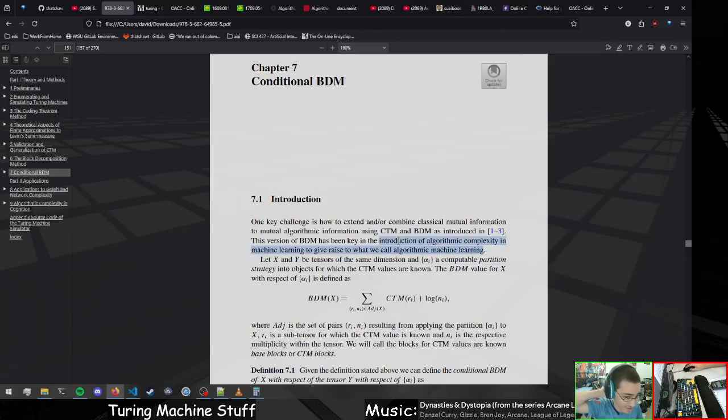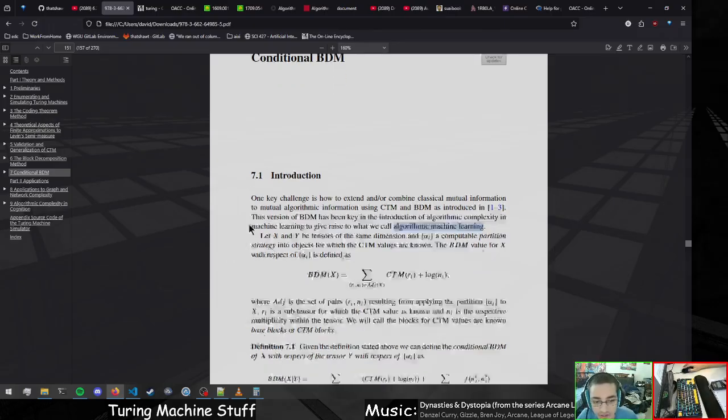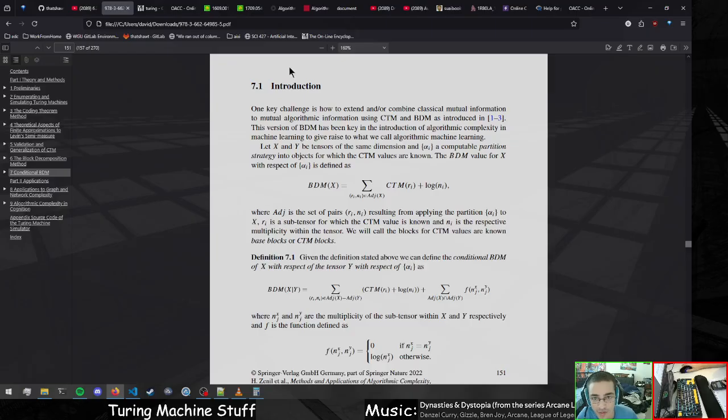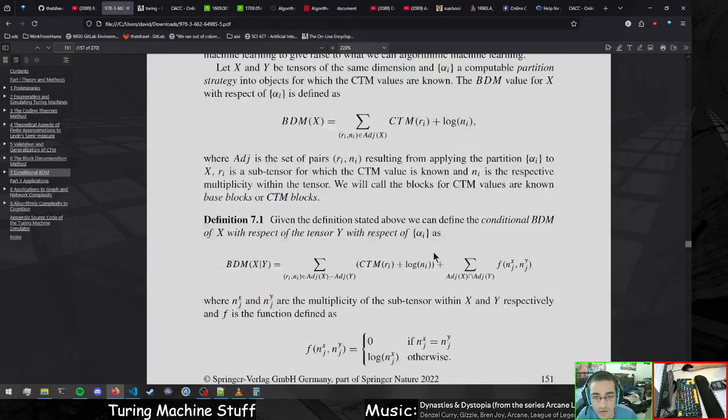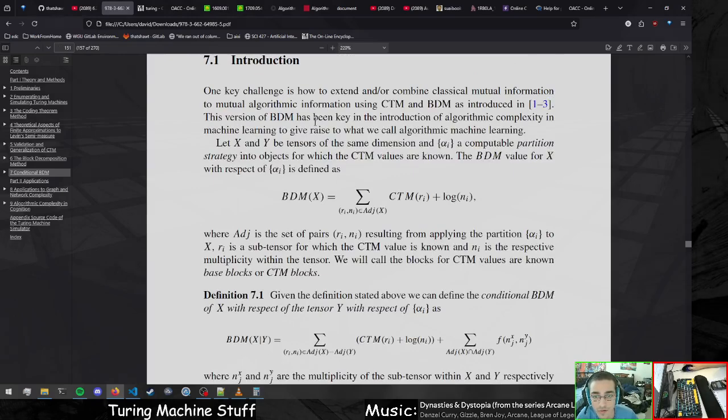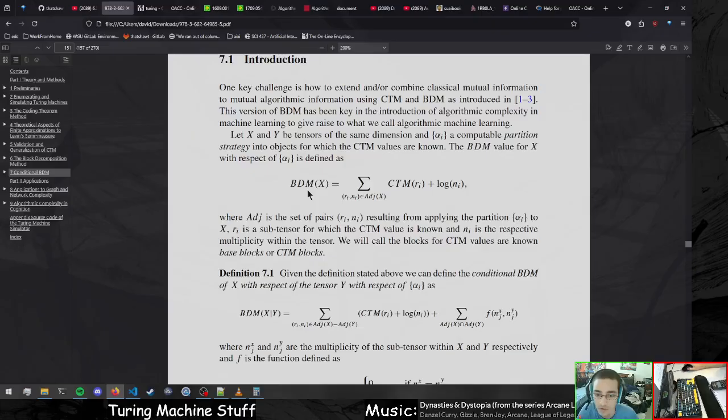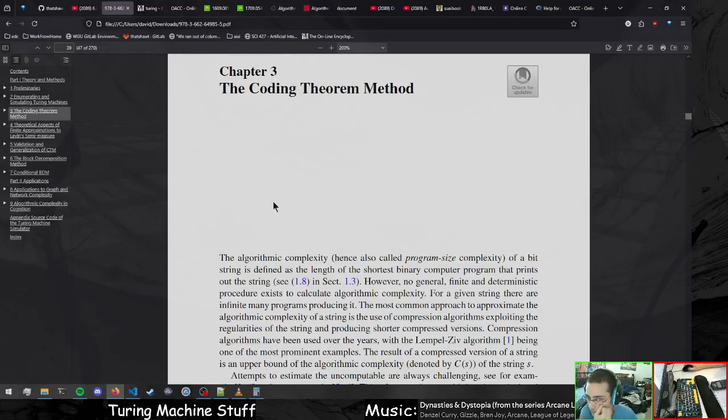Algorithmic machine learning. Oh my god, it's changing every day. So this is a thing. Okay, so I'm almost done with the coding theorem method.